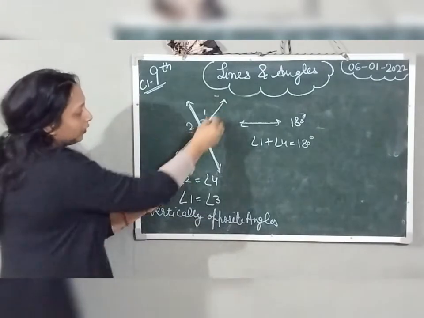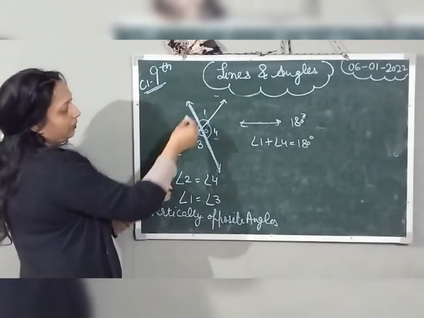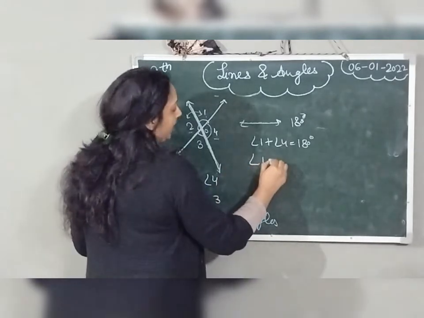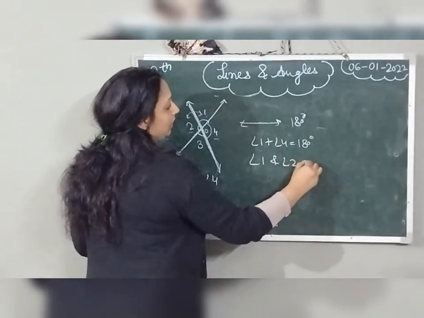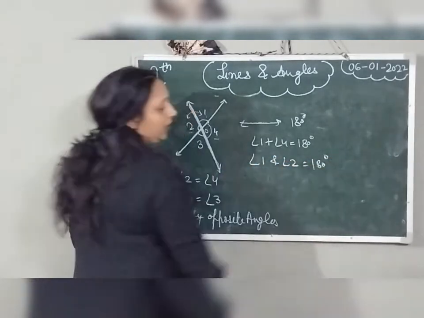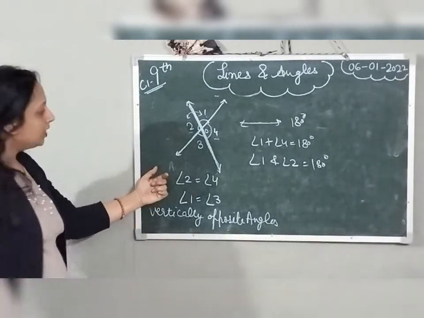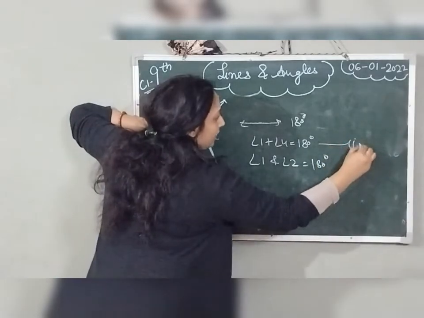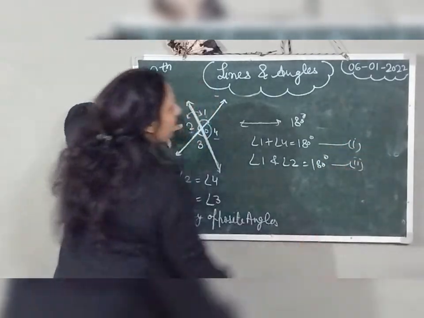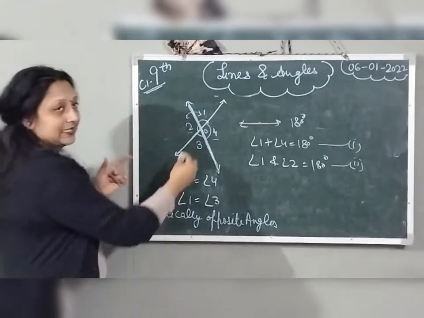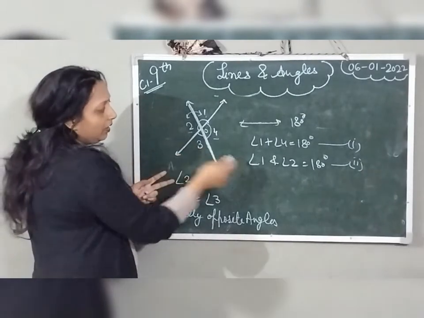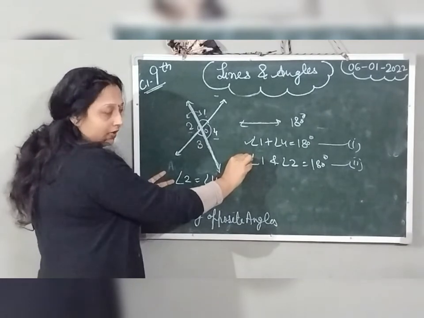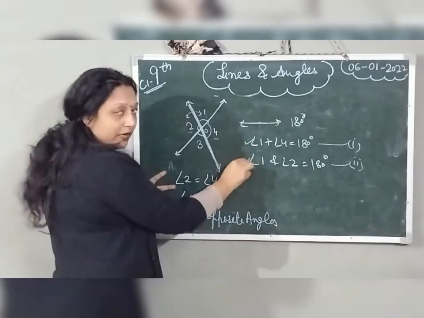If I talk about this straight line, here angle 1 and angle 2 make 180 degrees. Angle 1 plus angle 2 is also equal to 180 degrees. So if I take equation 1 and equation 2, we can say that angle 1 is common here. So angle 1 is equal to angle 1.